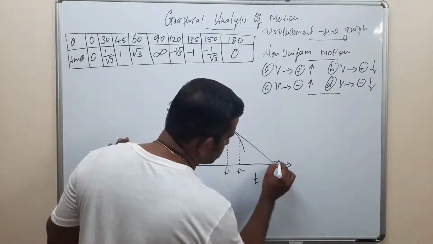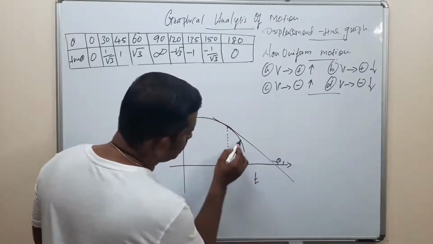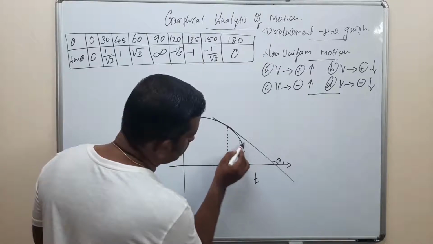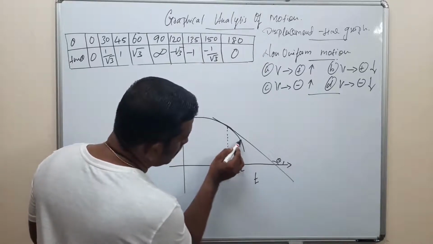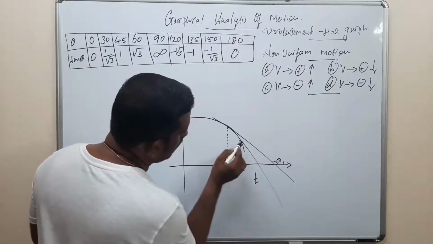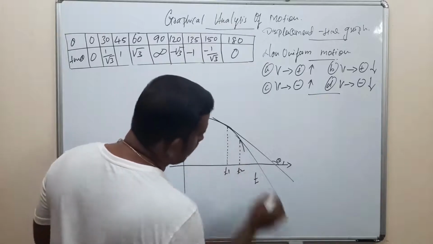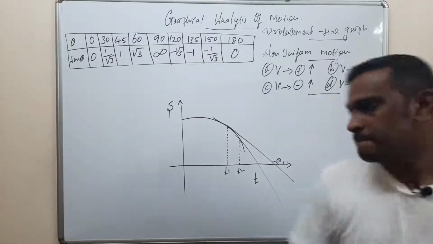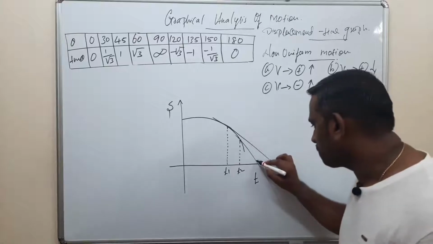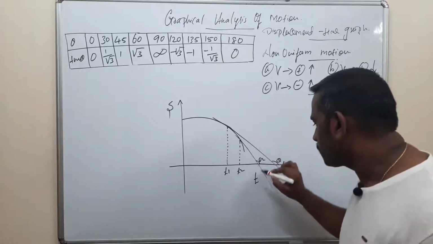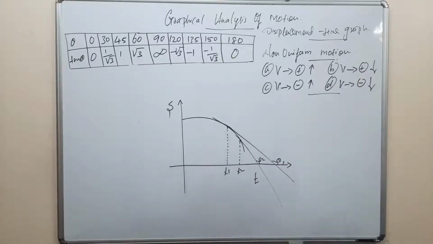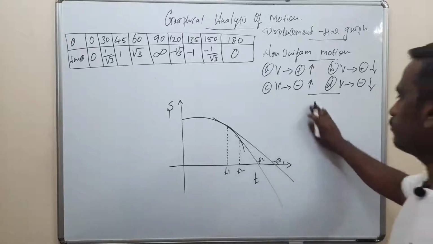So this is theta 2. So what are the conclusions we can make?